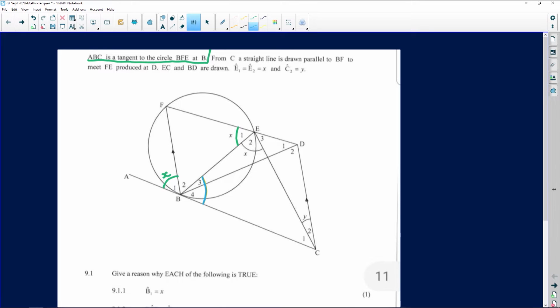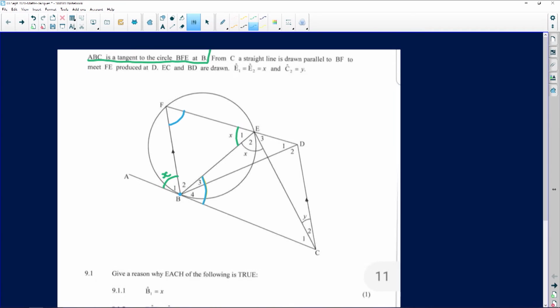So the angle between the tangent and the chord is equal to the angle in the alternate segment. That is just by using the fact that this is a tangent, it touches at B. In this diagram, there's absolutely no radius given and no diameter given. There's also not another tangent drawn to the circle. So we're happy with what we've got so far.